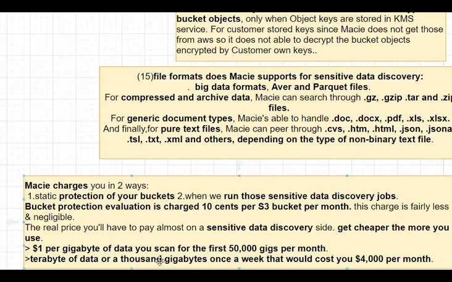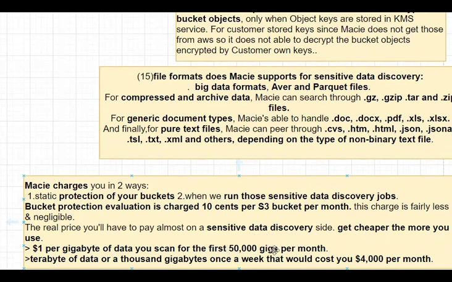If we start off at 1 cent per GB of data, if you scan the first 50,000 gigabytes per month, then you will be charged 1 cent per GB per month.